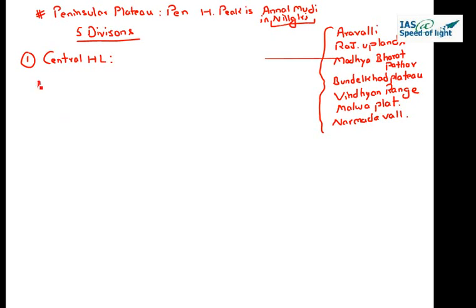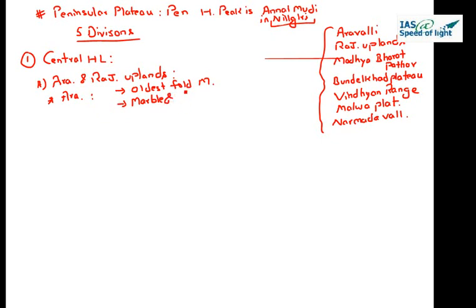So starting with first the Aravallis and Rajasthan uplands. Okay, so this is the first part of Central Highlands. Now starting with Aravallis, the first point which we need to write about Aravallis is that it is the oldest fold mountains. It's famous for marble and quartzite mining.